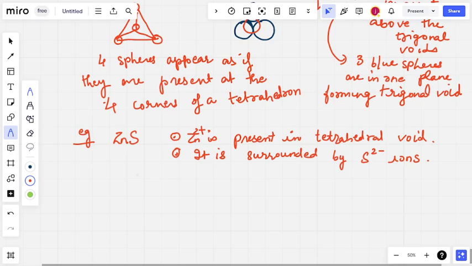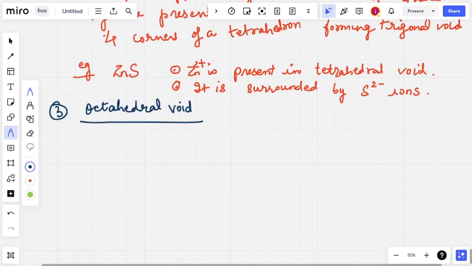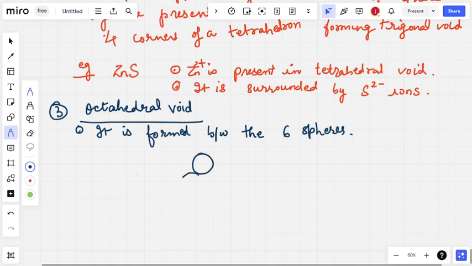Now we are going to study the next type of void, which is the octahedral void. It is formed between the 6 spheres. How are these 6 spheres arranged?